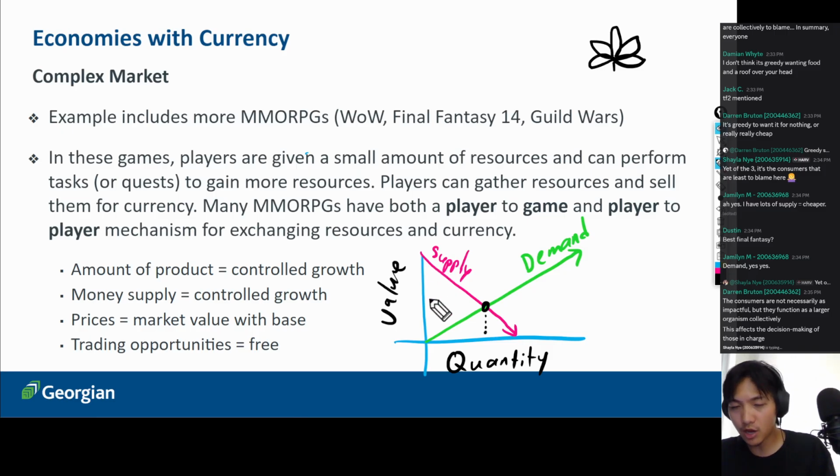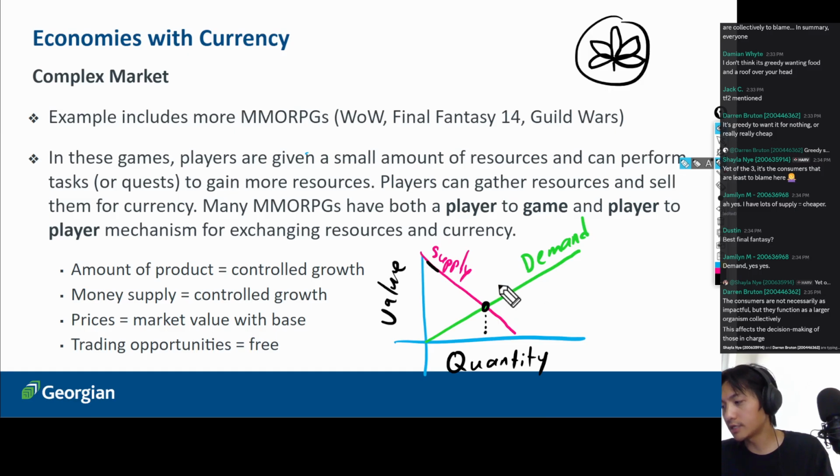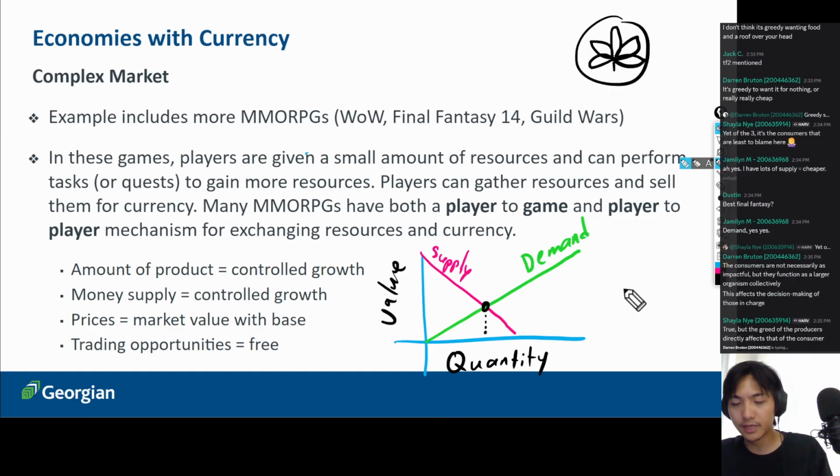The supply is constant. And in fact, the supply might go down, as copies are lost or taken out of the market, right? So the supply might go down, which would cause the value to go up. Meanwhile, demand for it might remain the same or even increase.